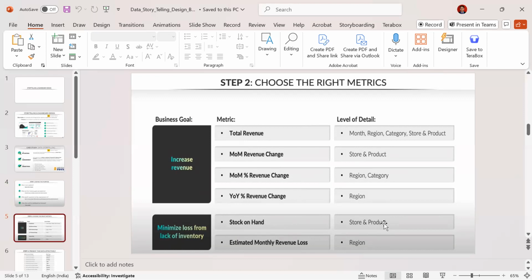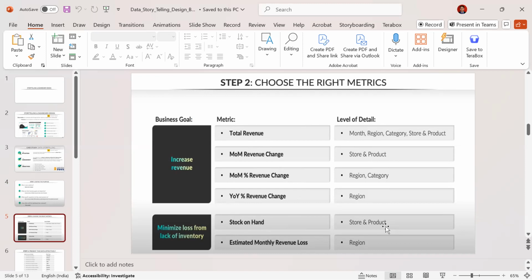So every store wise they require that. Maybe not every store may be the reason for that, right? Correct or not? Not every product also. So I need to see store wise, product wise, stock on hand, so that I can identify which stores lack inventory and we can focus on them. Which products lack inventory, I can focus on them.